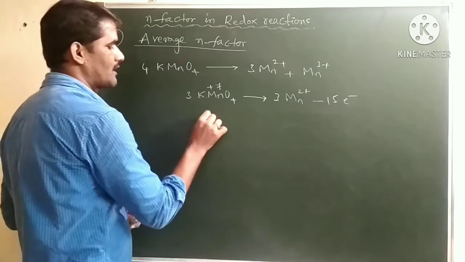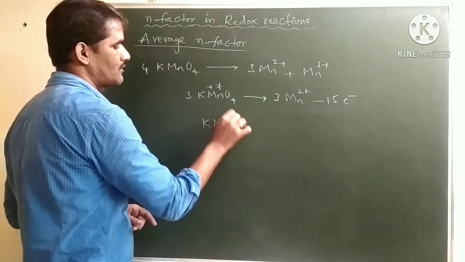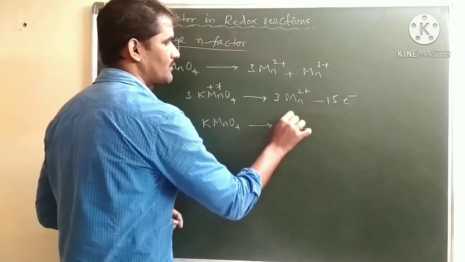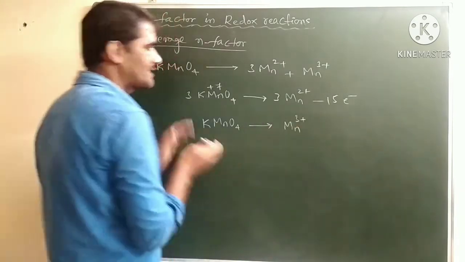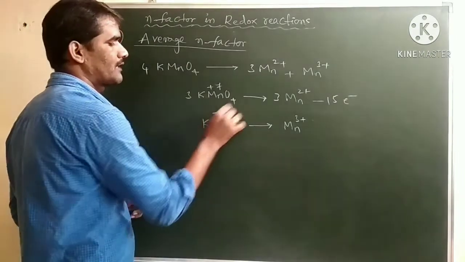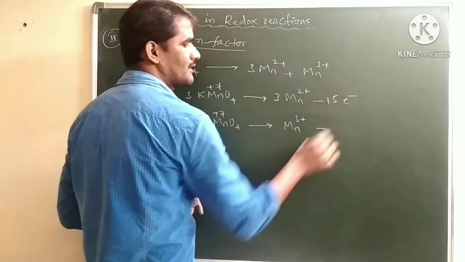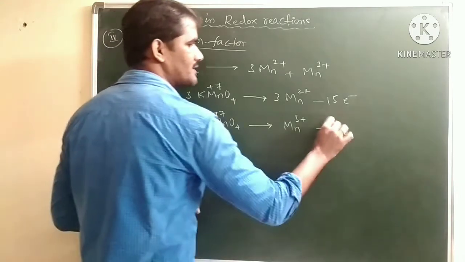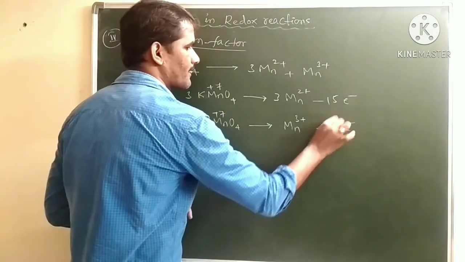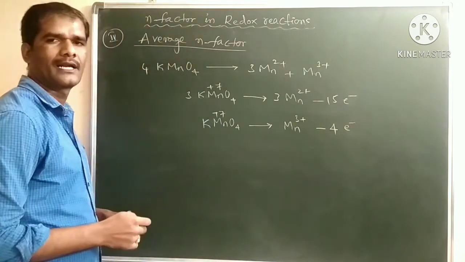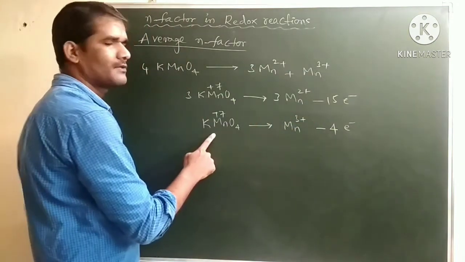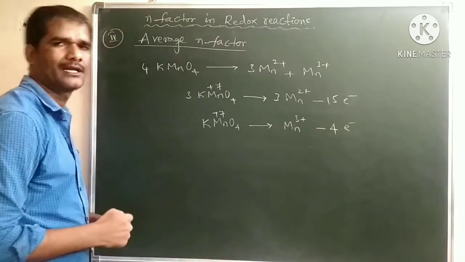Similarly, another KMnO4 is converting into Mn3+. For this KMnO4, how many electrons are required? Again +7 to +3, so the change is as usual 5 electrons. Sorry, 4 electrons. So for the first three, 15 electrons, and for this molecule only 4 electrons.